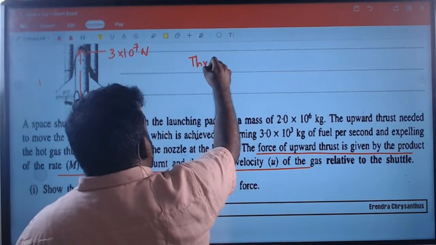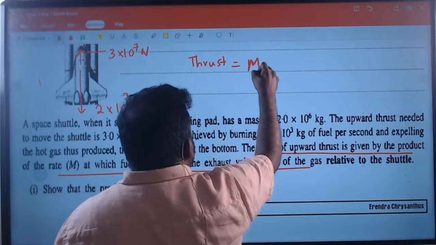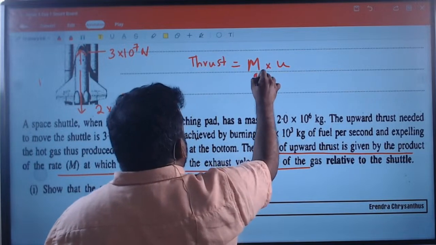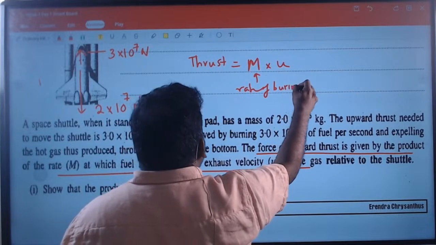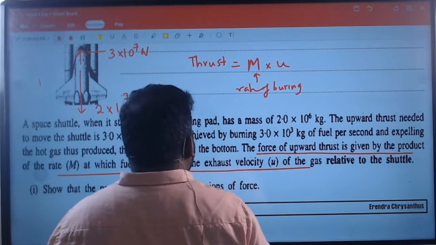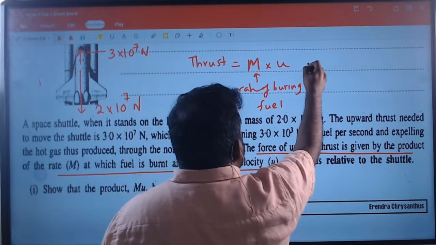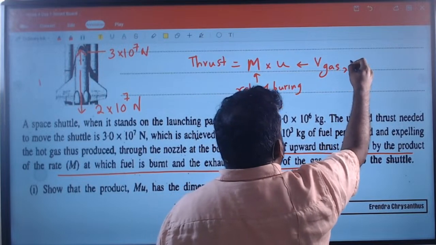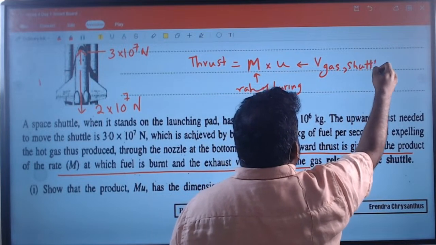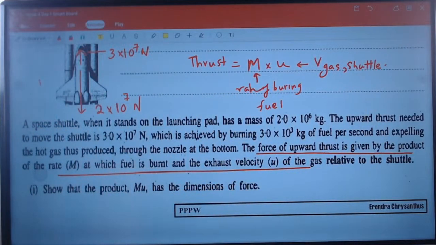Thrust is equal to M, or capital M, into U. This is the rate of burning fuel. This is the velocity of gas relative to the shuttle, or with respect to the rocket. Right. So these key terms are given.